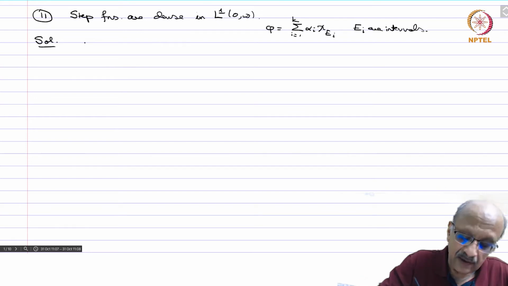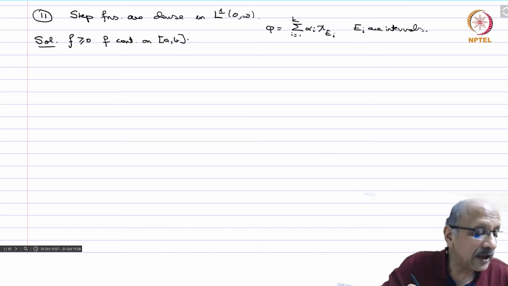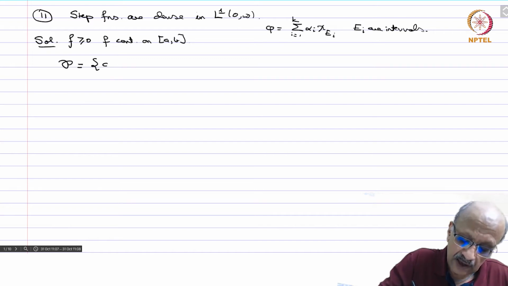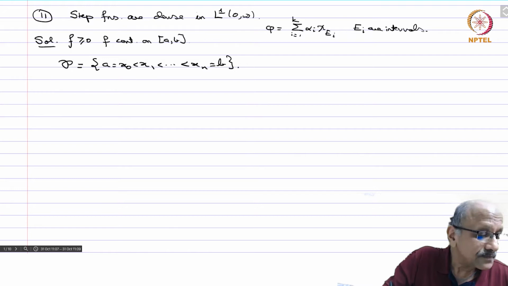So solution. Let us take f non-negative, f continuous on [a, b]. So we are taking a fixed finite interval. Then you take a partition P of this interval: a equals x_0 less than x_1, etc., less than x_n equal to b.